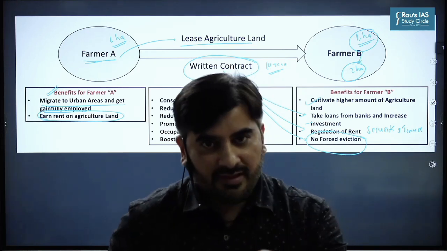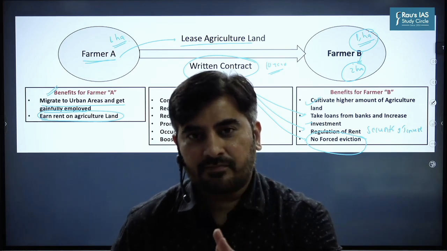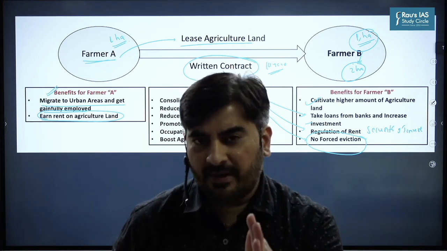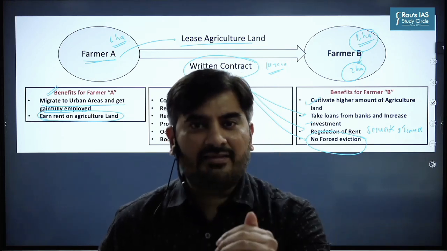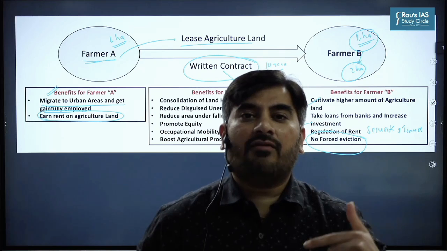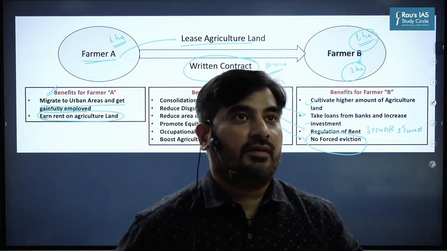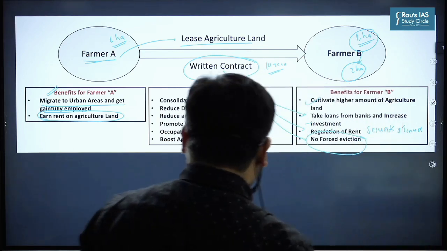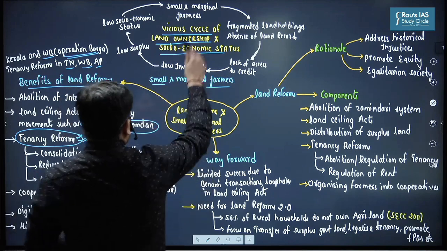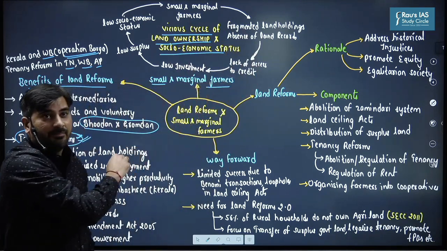So, if you see, only a few states have legalized tenancy. These states include West Bengal, Tamil Nadu, Andhra Pradesh, etc. And in these states, the small and marginal farmers have immensely benefited because of the tenancy reforms. Are we clear now? Don't you think here we will be able to solve this vicious cycle by legalizing tenancy?